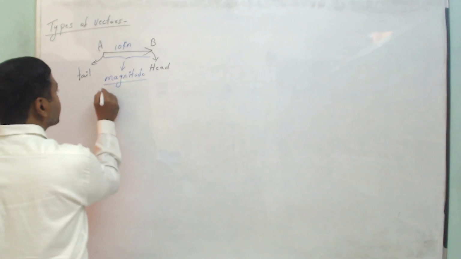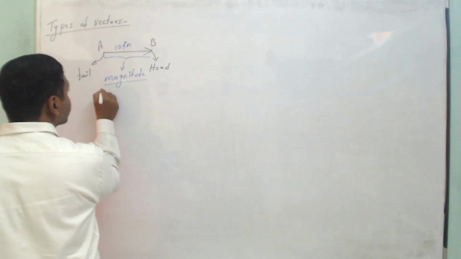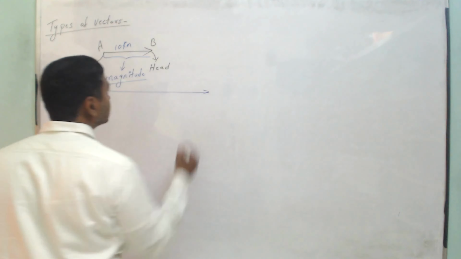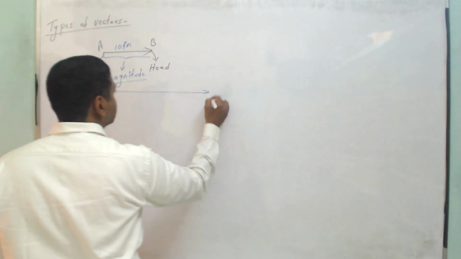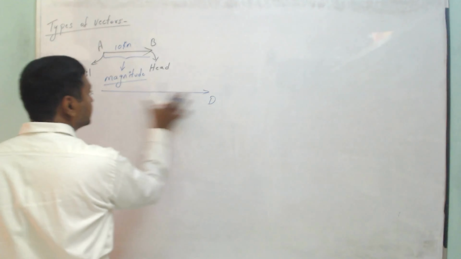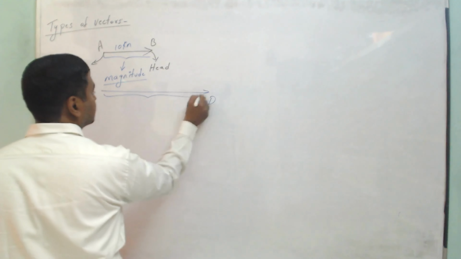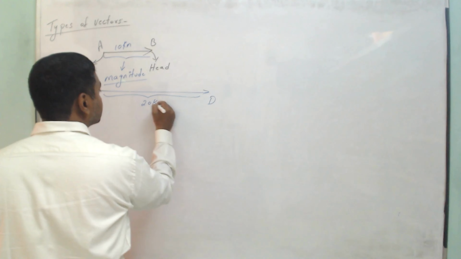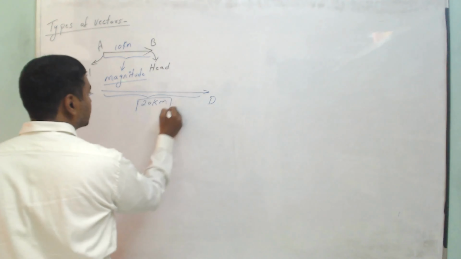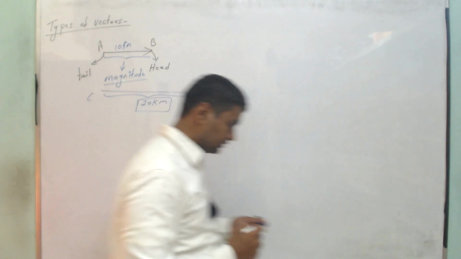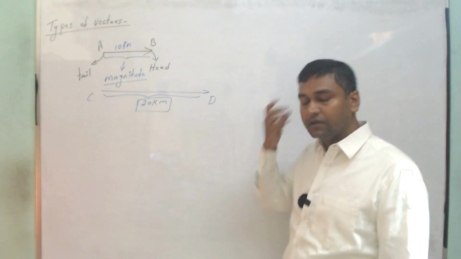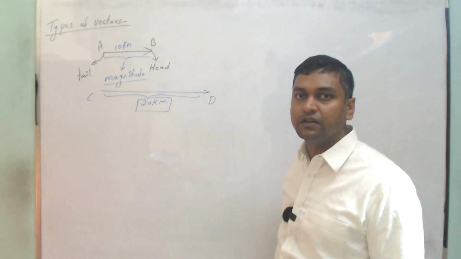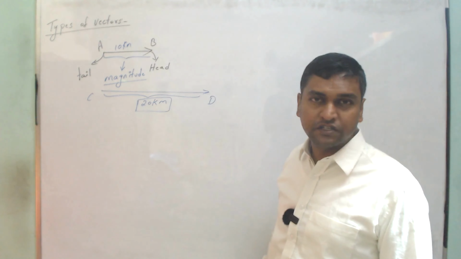So how will I draw? First, in the same direction means it should be parallel, ठीक है, and the length of this should be twice. This is 20 kilometers. Is this clear? Yeah. So for displacement it's a very obviously understood thing, but it applies for all physical quantities.